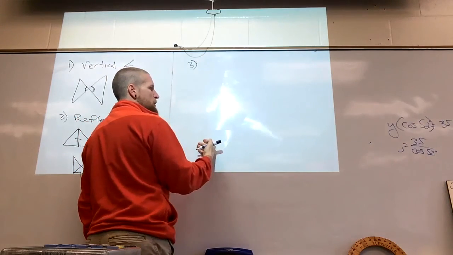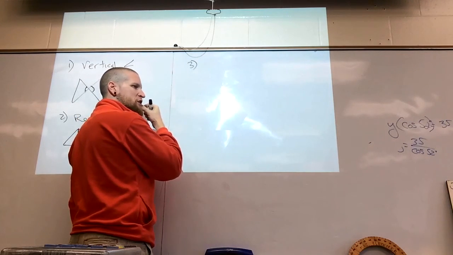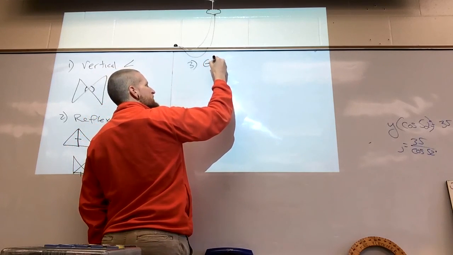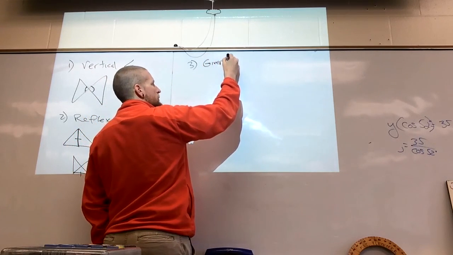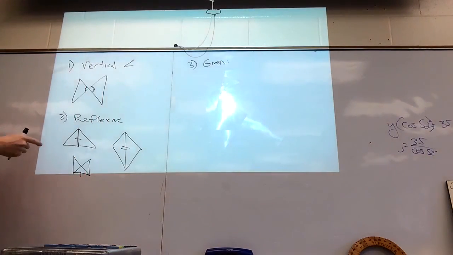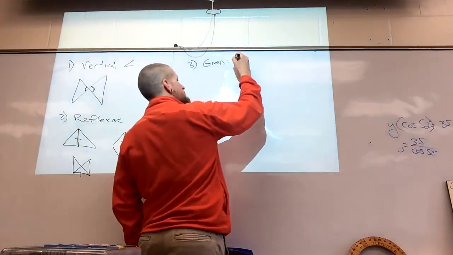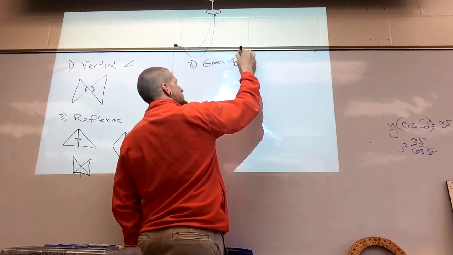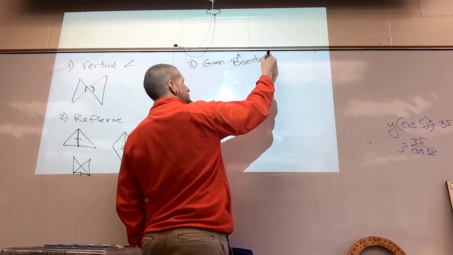The ones I'm going to put up here now are going to be more related to things that are given to you. Okay, and based on what's given to you, I'll mark specific things off on the pictures. All right, so the first one, I'm going to keep this very generic as given, we'll say a bisector.